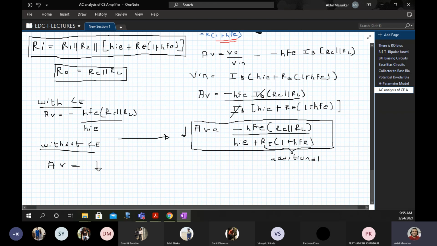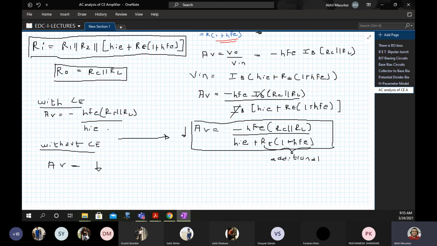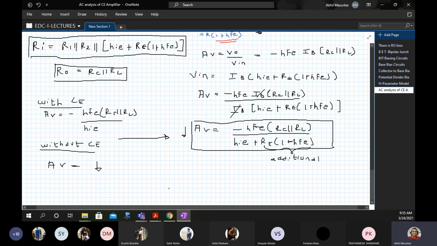When you don't connect CE, we get something called degenerative feedback. So when you don't connect CE, the phenomenon that you are observing is a fall in gain, and this phenomenon is called degenerative feedback, or simply speaking, it's a negative feedback.